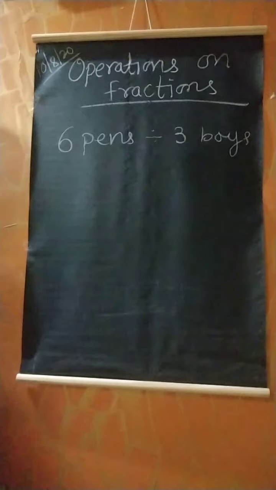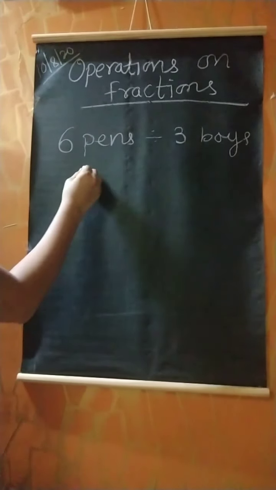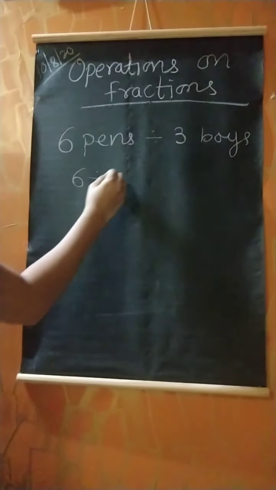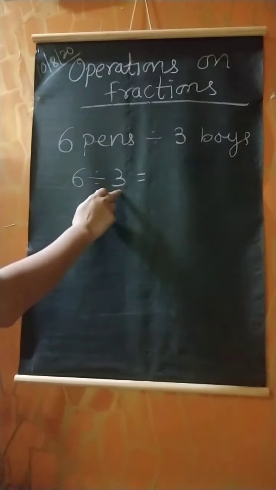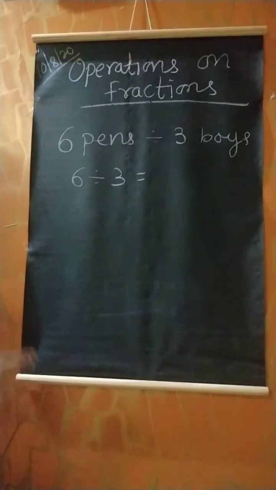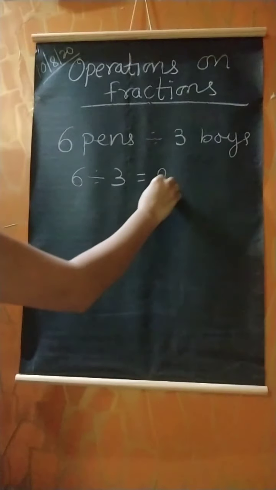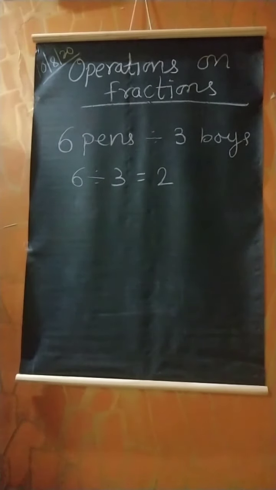Now see, in this case, how are we writing? 6 divided by 3. When I am dividing 6 by 3, we get answer 2 because 3 2s are 6.